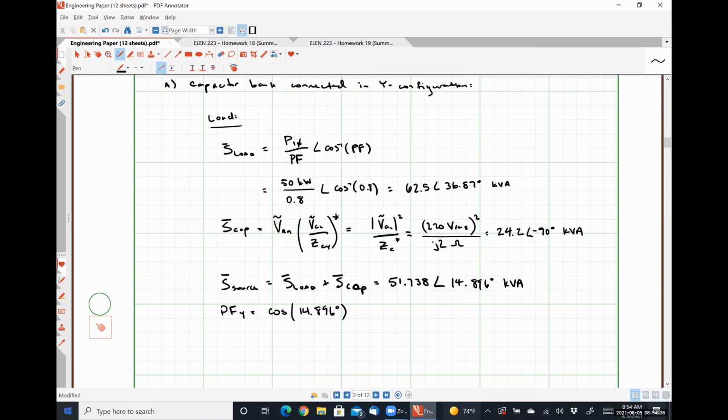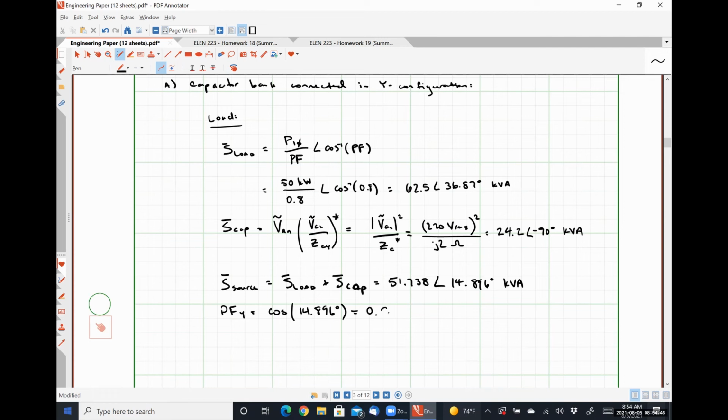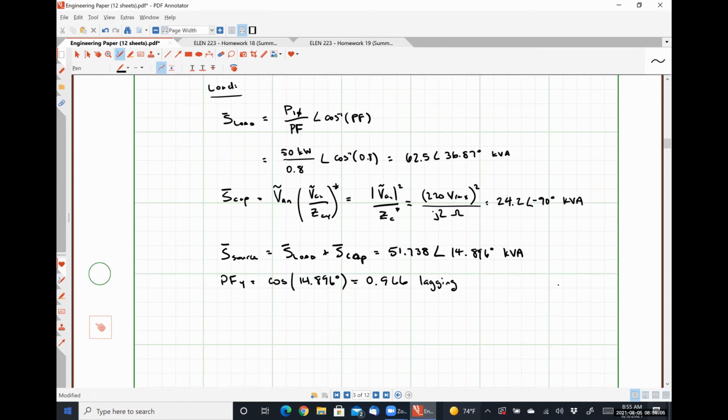Cosine of the polar angle of what I have stored as Z gives 0.966. Is the power factor going to be leading or lagging? Lagging, because the angle is positive. So that's part A.